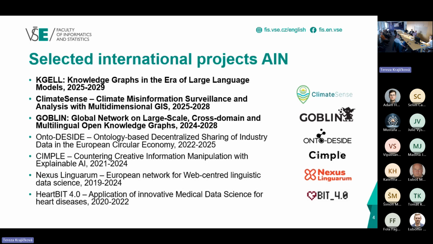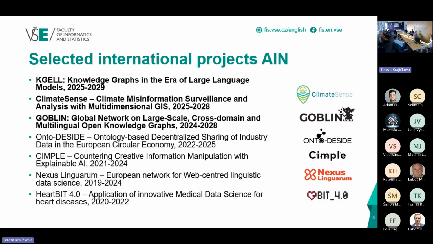The projects are really important for us, and here is a selection of international projects where PhD students have been involved in the last couple of years. And if you just check the technical terms that appear in the titles of the projects, you can see that most of them have some focus on knowledge graphs, ontologies, explainable AI.